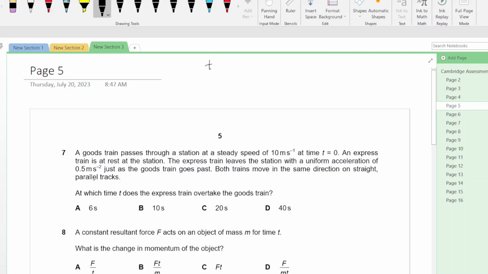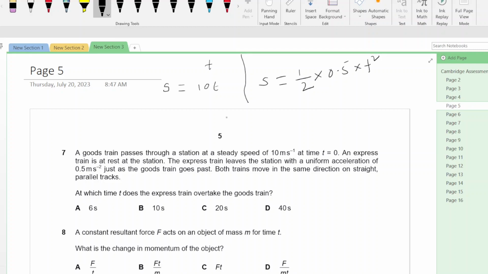Therefore, distance traveled by the goods train equals 10t, and displacement for the express train is s equals, since its initial velocity is 0, half into 0.5, which is the acceleration, into t squared.